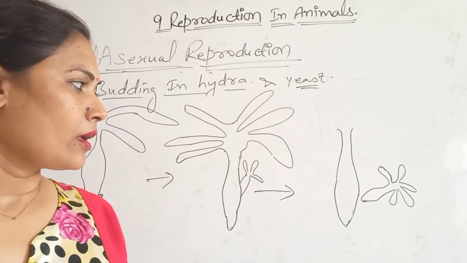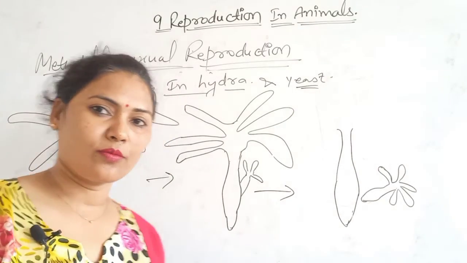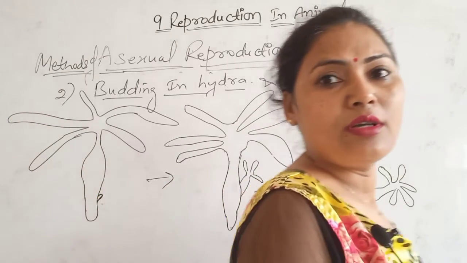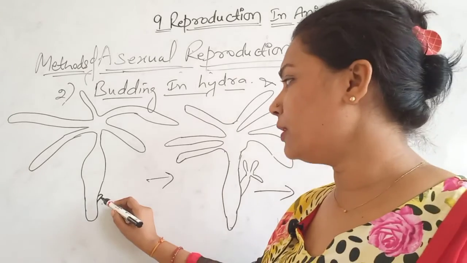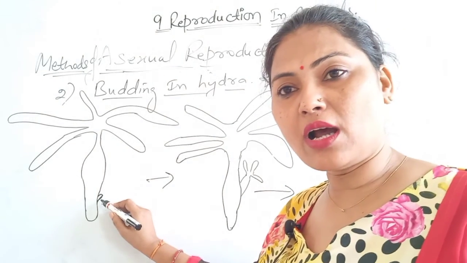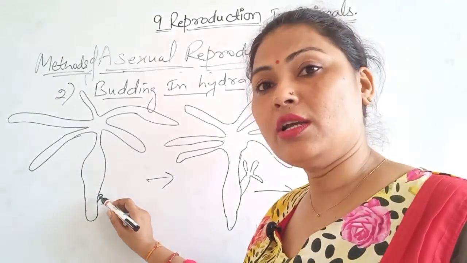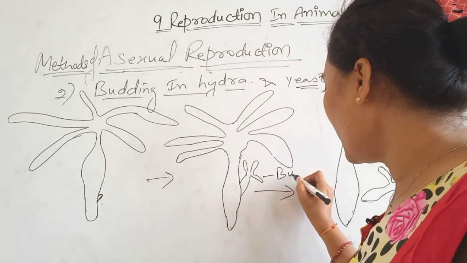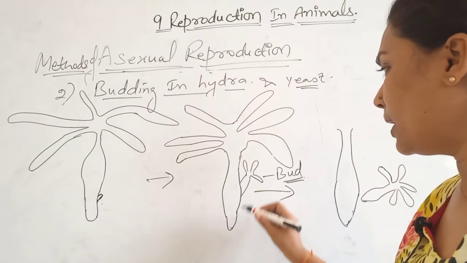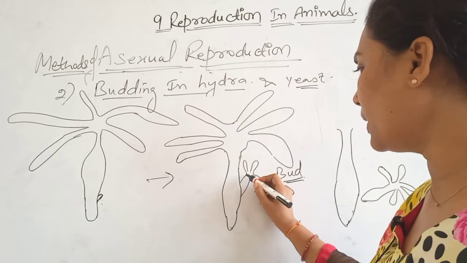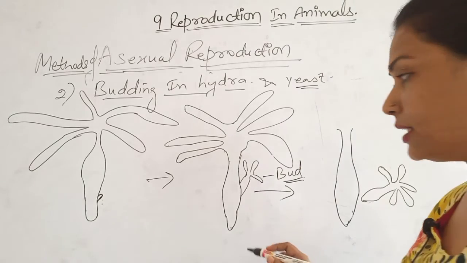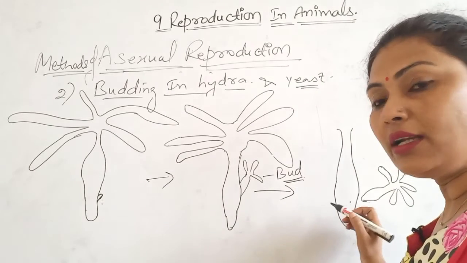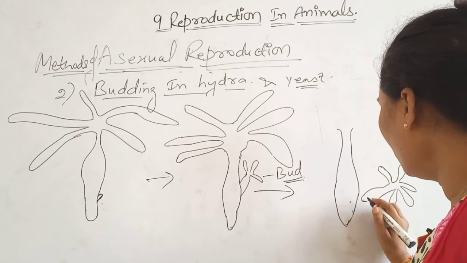Got it. So let me discuss again. In the budding process an outgrowth develops from the body of the hydra, that bulb-like structure. That bulb-like structure is known as a bud. This is the bud. When the bud has started from the body, it will be detached from the parent body, and then it will develop into a new hydra.